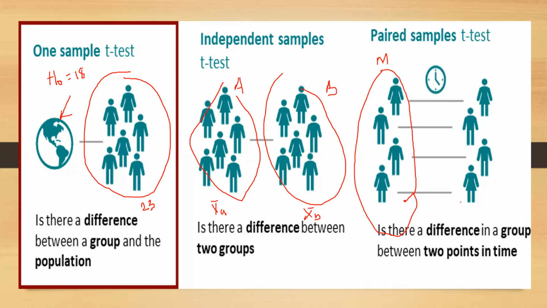You took their weight again after you had fed them with Akpu. You want to know what impact Akpu has had on them. The mean you got here is the mean of the morning period. Let's call it 1. The mean you got here is the mean of the afternoon period. Let's call it 2. And when you compare, because you are dealing with the same set of people, we refer to it as a paired sample.